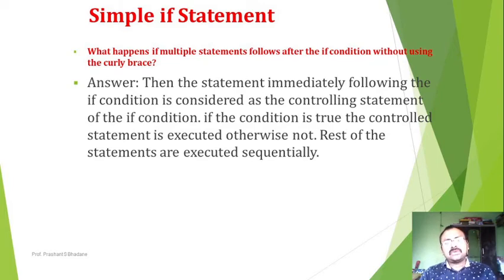If the condition is true, the controlled statement is executed, otherwise not, and the rest of the statements are executed sequentially. It means you can write a statement directly after the if condition, and that statement is considered to be under the if statement.